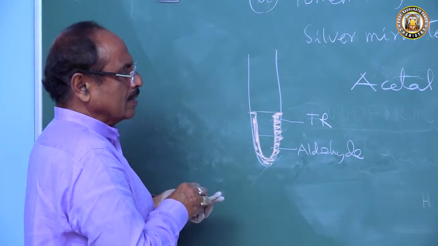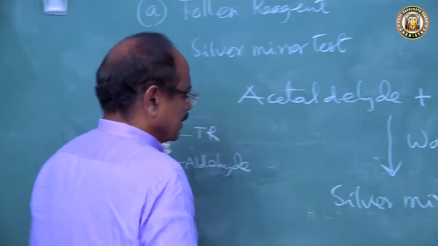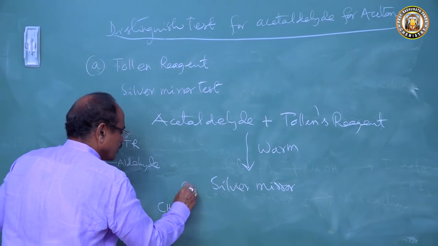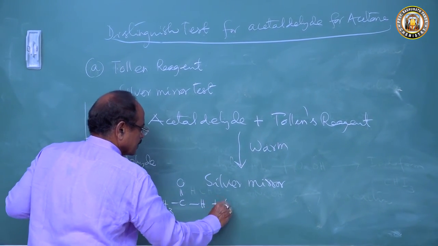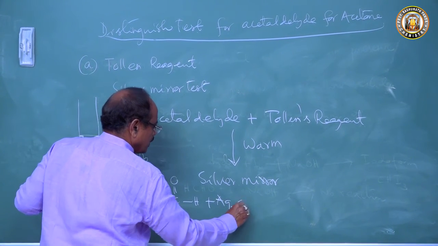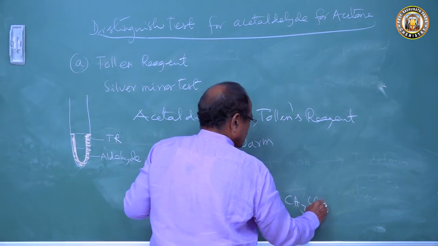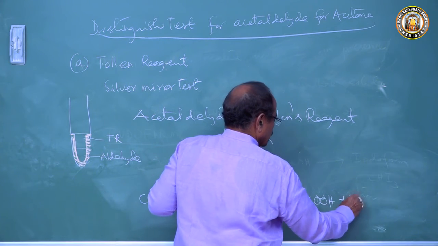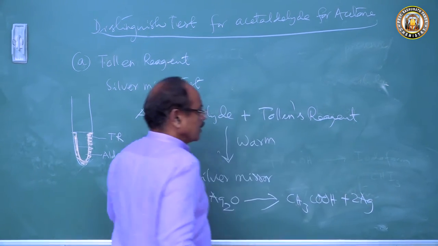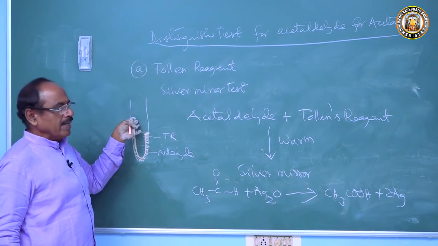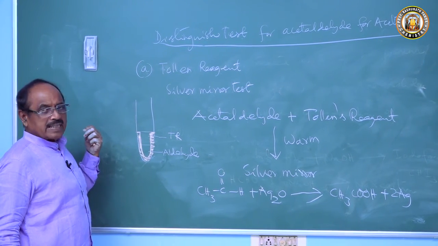I have taught you this reaction. If you take acetaldehyde, CH3CHO, the Tollens reagent supplies Ag2O, the acetaldehyde gets oxidized to acetic acid, and 2 metallic silver are produced. So this is called the silver mirror test. This is given by acetaldehyde, not by acetone.